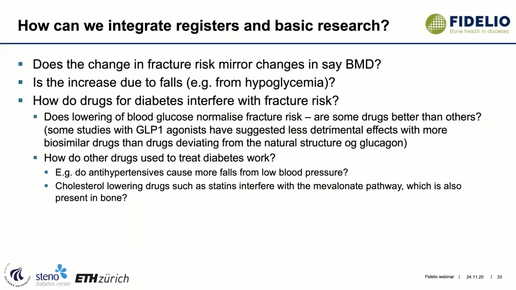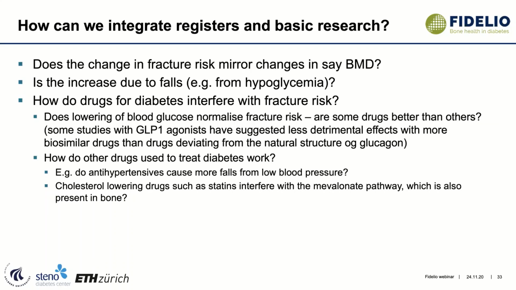So taking this a little bit further, if we then intervene with the drugs, Andrea showed this nice trajectory of, well, you may start with one drug and progress to the next for one reason or another. And some of these drugs, as I mentioned before, may interact with bone signaling. So one question is, if you have diabetes, you have an increased glucose level. The glucose may interact with the collagen that I showed earlier on.